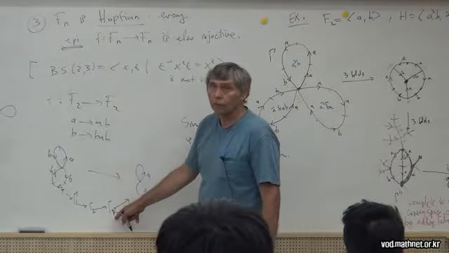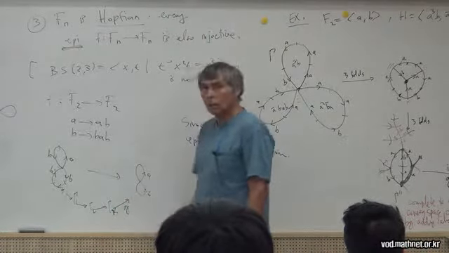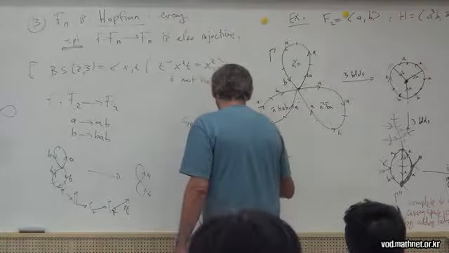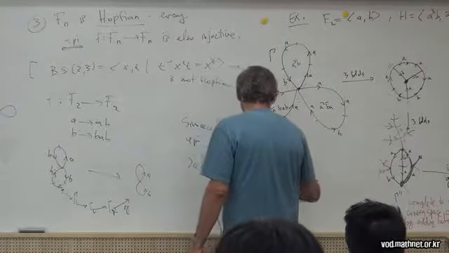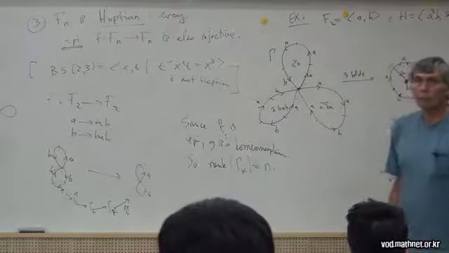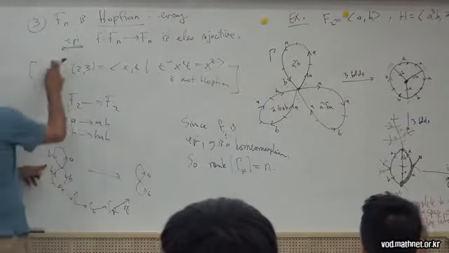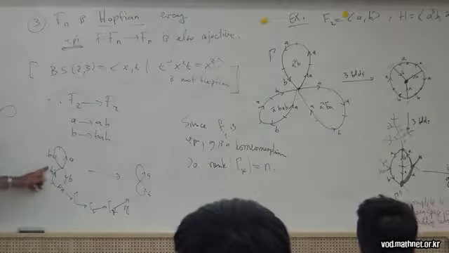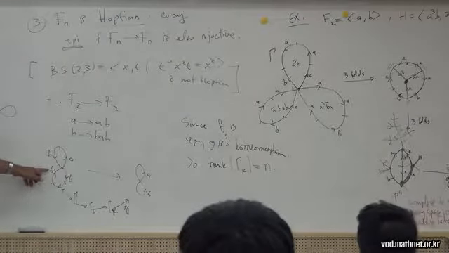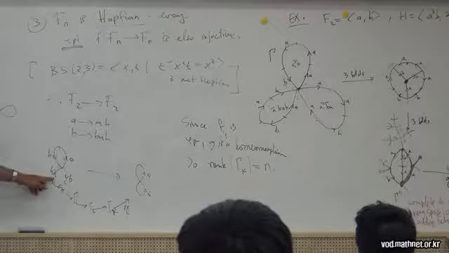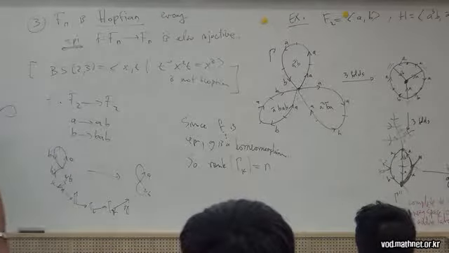The rank of the last graph is equal to n because this is a homeomorphism, and this is the same as the rank of the initial graph. The initial graph was also of rank n. So what does that mean? How many type 3 and 4 folds do we have? When we do type 3 and 4, the rank goes down. When we do 1 and 2, it stays the same. Well, we started with n, and we ended with n. So that means we don't have any type 3 and 4 folds.